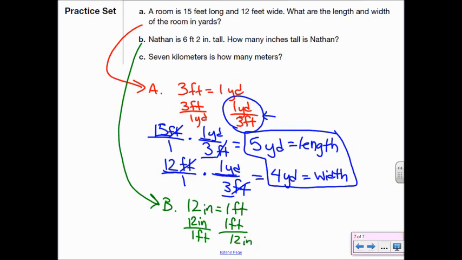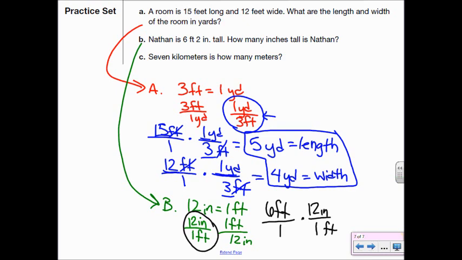And so we're going to have Nathan be 6 feet. Put it over 1. I have feet on top, which means that feet needs to go on the bottom of the next fraction. So I look back at my two fractions I made. The one that has feet on the bottom looks like this. So I put 12 inches on top and 1 foot on the bottom.